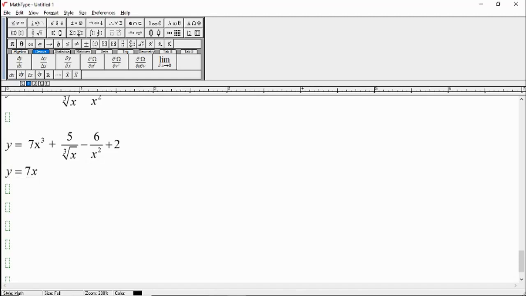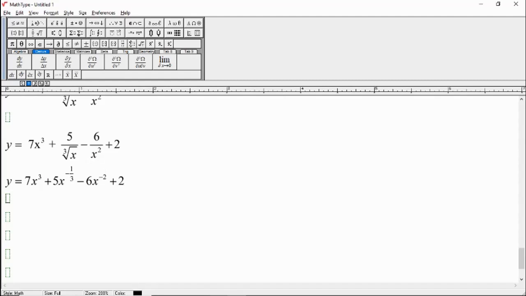So y equals 7x to the power of 3, plus 5x to the power of minus 1 over 3, because when it's a denominator, that's a negative power, and cube root is to the power of 1 over 3, just like how a square root is to the power of 1 over 2, minus 6x to the power of minus 2 plus 2.